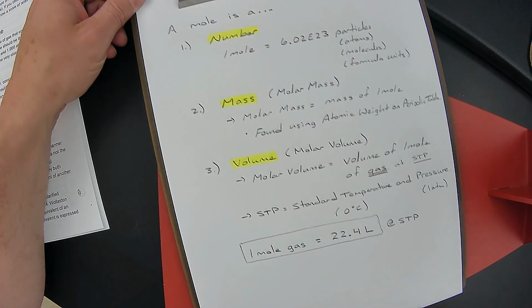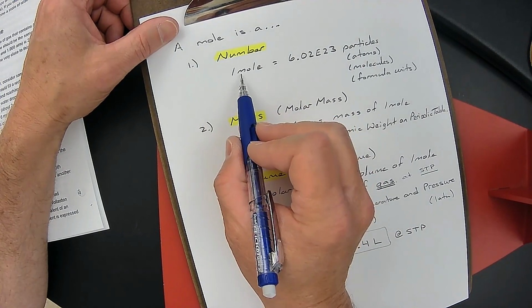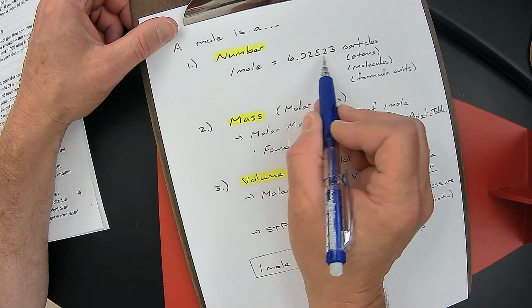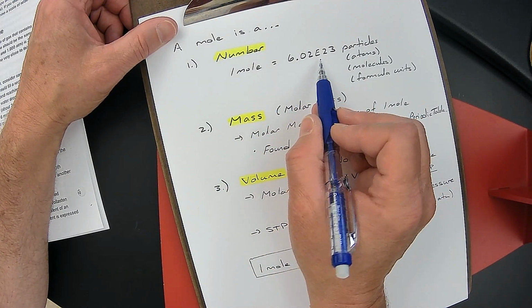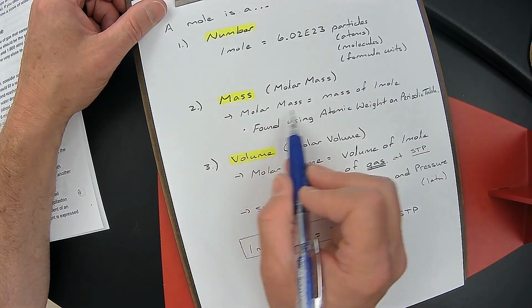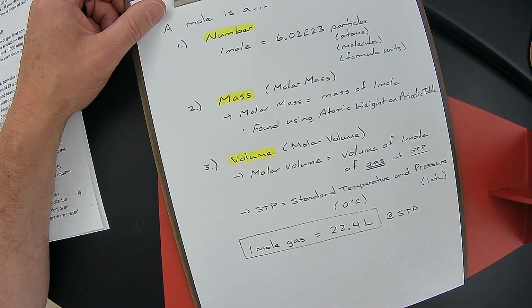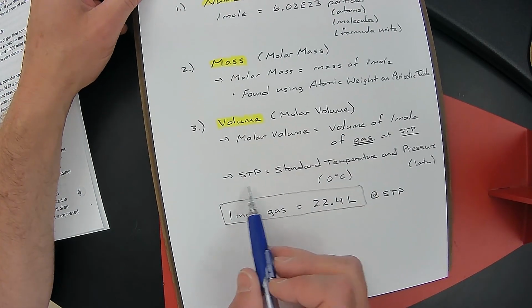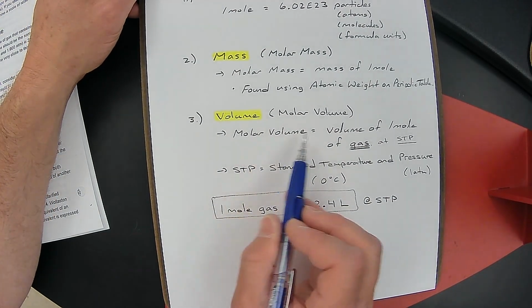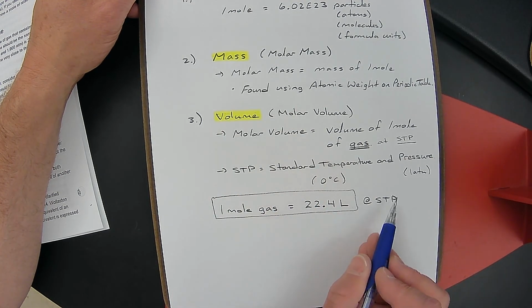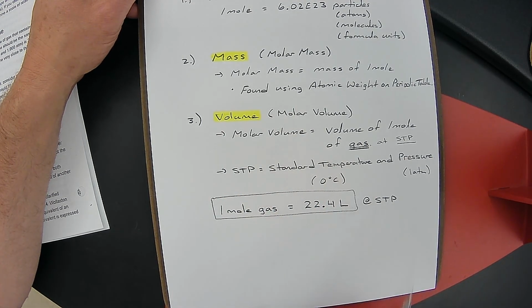So I want to point something out. The first thing is when a mole is stated as a number, that number never changes. But when you're dealing with a mass, that number changes based off the periodic table and looking at the atomic weight. But when you're looking at molar volume, that number does not change either as long as you're at STP.